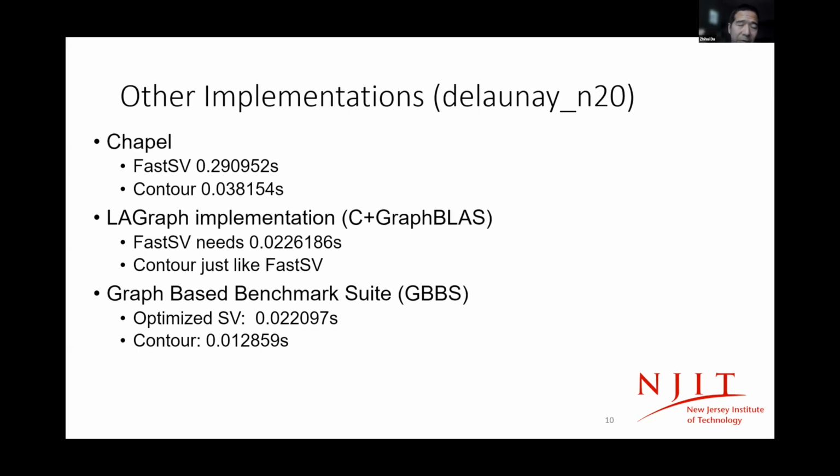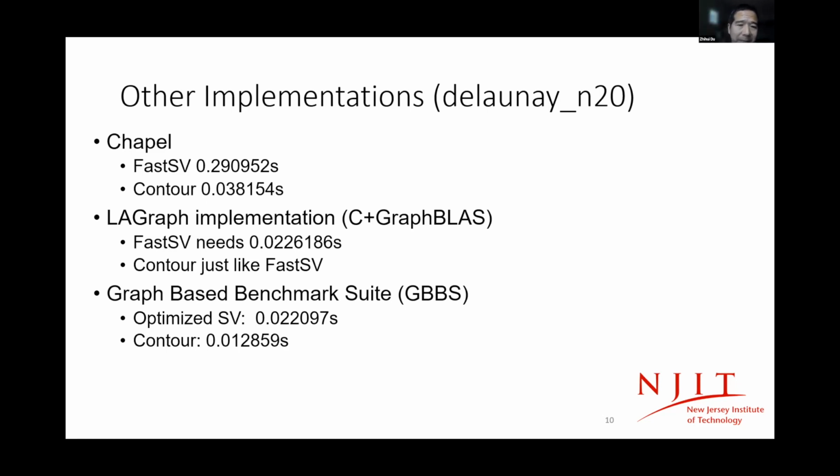This result shows that, first, our Contour algorithm can beat the FastSV method if the language or the package allows us to explore the parallelism efficiently.